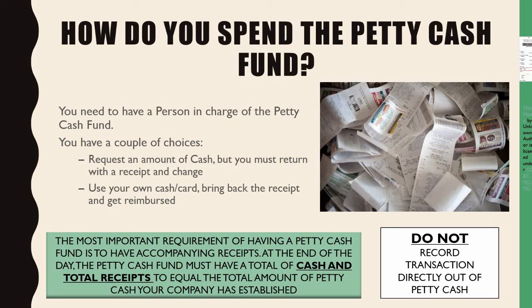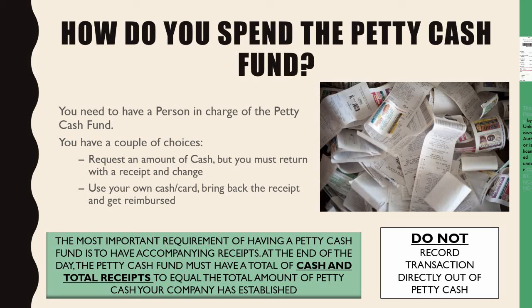For example, I took the money to buy a ream of paper. At the end of the period, I'm going to record that as supplies. And how I record the rest of the information is going to come as follows.